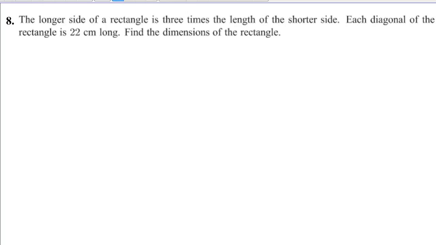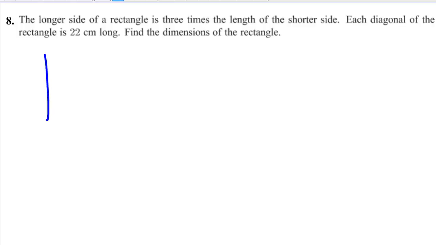Number 8, the longer side of a rectangle is 3 times the length of the shorter side. Each diagonal of the rectangle is 22 centimeters long. Find the dimensions of the rectangle. So the first thing that we need to do is to represent this information in a diagram.